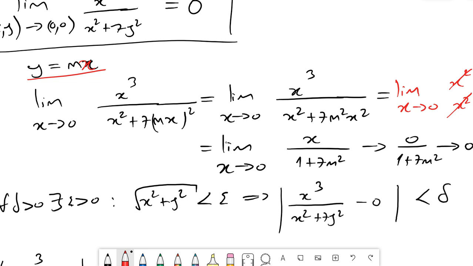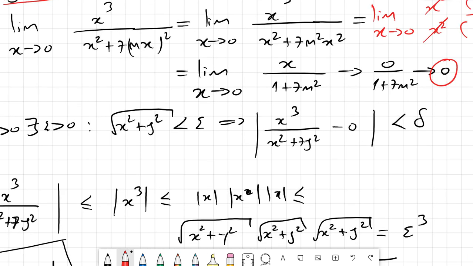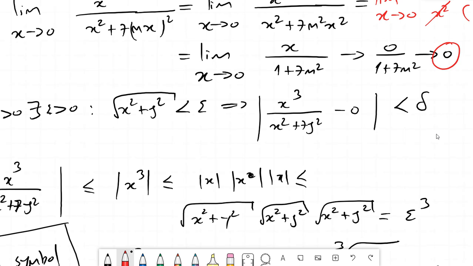So this is not showing that the limit is 0. We took only the line's limit, right? And we got 0. So if there is a limit, the limit will be 0. So here we have to use delta epsilons, or take the limit under the definition.